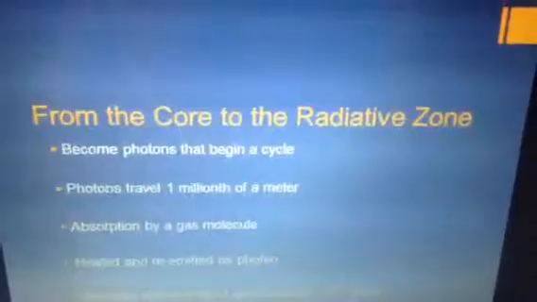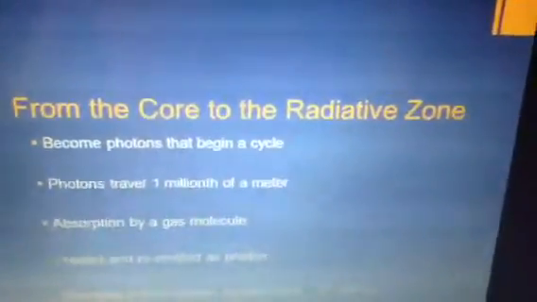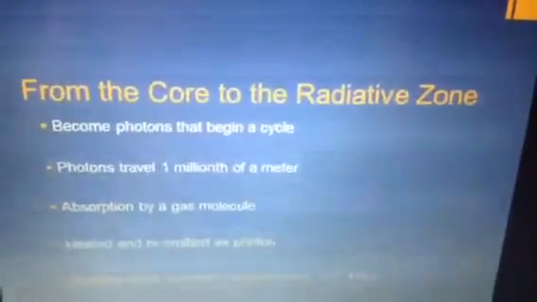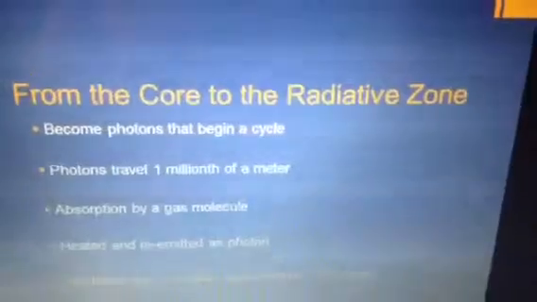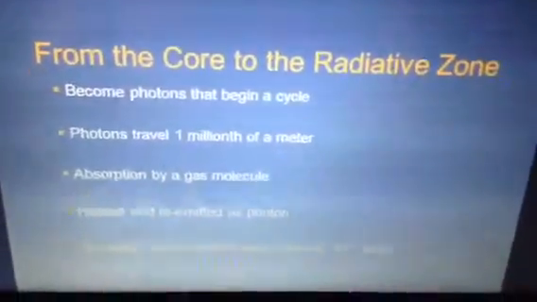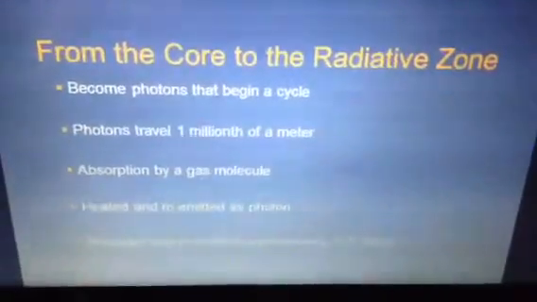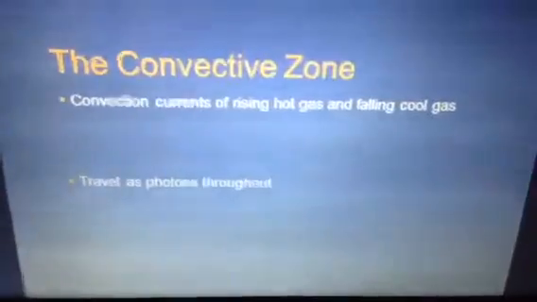After being re-emitted as a photon, it repeats this cycle over and over again. By the time it's leaving the radiative zone to go to the convective zone, it has been absorbed and re-emitted approximately 10 to the 25th power times.